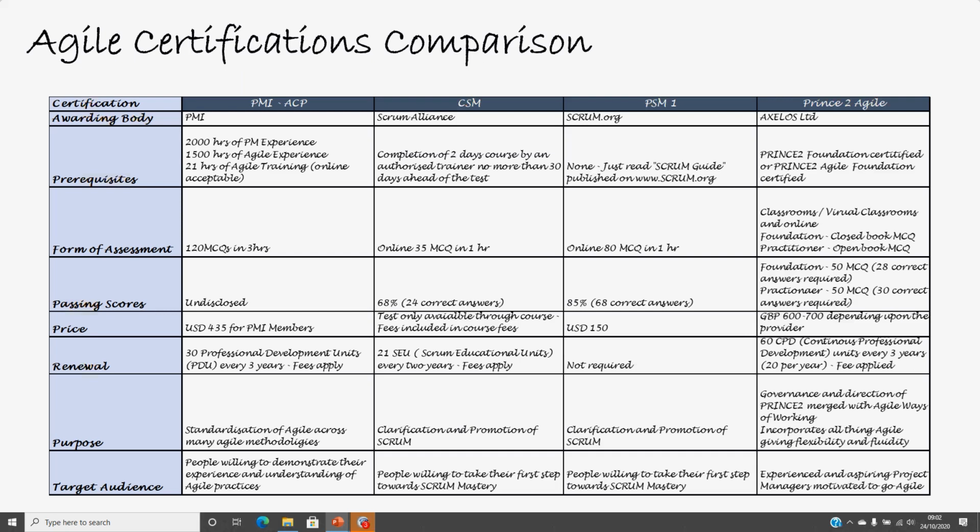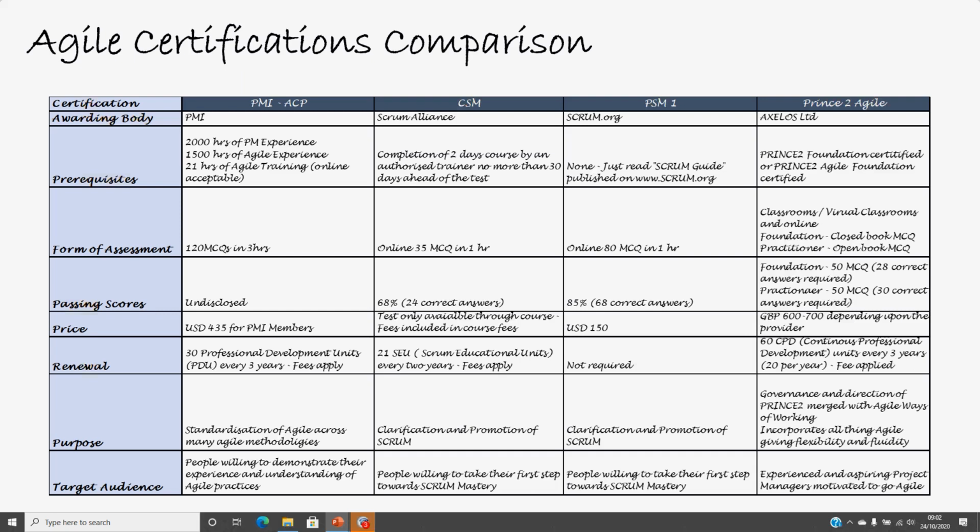Then you go for the practitioner one, where again you do 50 MCQs. You have to get 30 of them correct to pass it. That is an open book exam, and that open book is only the training material that you are provided. So it's the same thing as in a normal Prince2 exam; the Agile certification is based on the same principle.